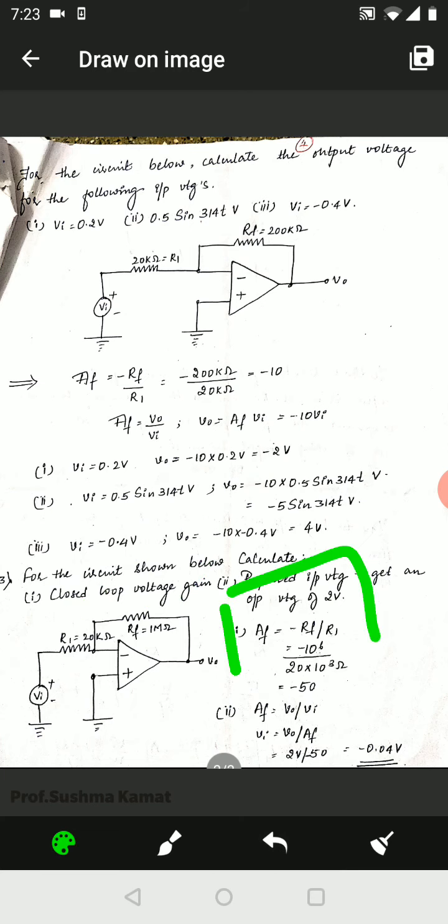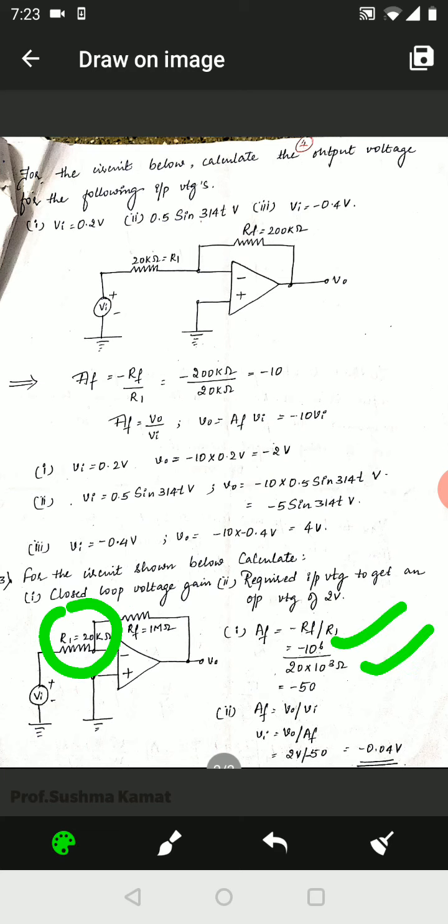AF will be equal to minus RF upon R1. RF value is 1 mega ohm divided by 20 kilo ohms. So 1 mega ohm divided by 20 kilo ohms, if we do, the answer is minus 50. So minus 50 when we get, we now have the value for AF.